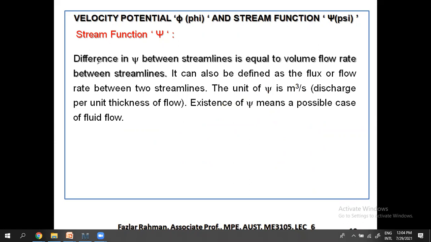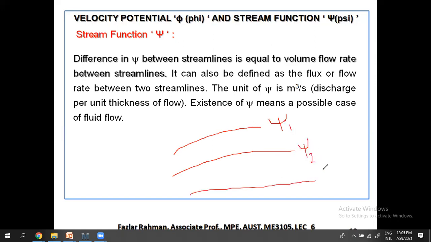Now over here it is saying the difference between two streamlines. So you have a stream function in this one. Say we have a stream function. This is psi 1, this is psi 2, and this is psi 3.